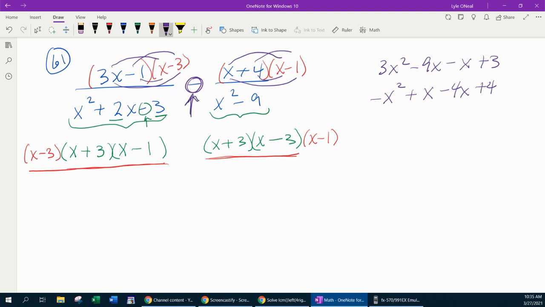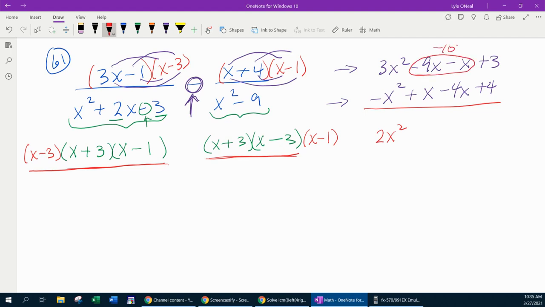And now if you notice what I've done, this is the first numerator and the second numerator, which I'm going to need to CLT, combine like terms, and I'm using the stacking technique. A lot of techniques you can use in math to make your life easier. So I'm going to combine like terms up and down. 3x squared minus x squared gives me a 2x squared. I've got a negative 9x and a negative 1x.